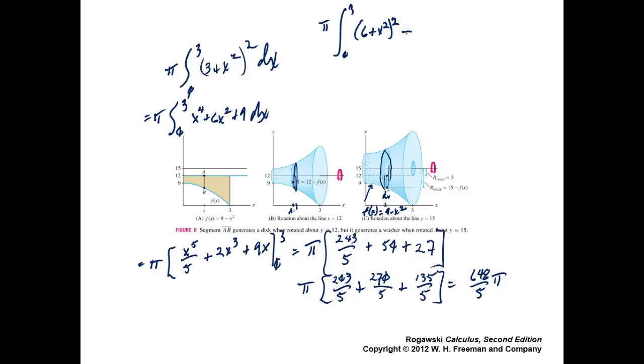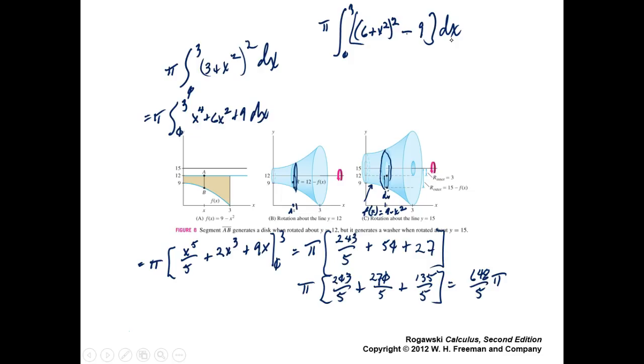Minus, that's the outer radius. Your inner radius is 3. Yeah, it's 3. So 3 squared is 9. So that would be minus 9. And then all that times your dx.